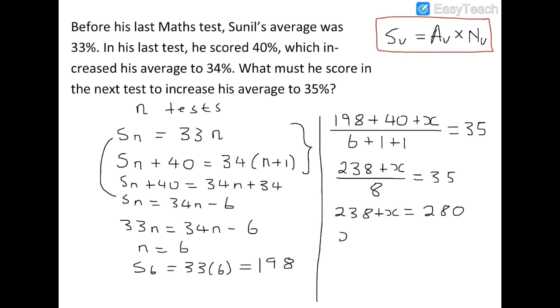And if we calculate x, we'll get 280 minus 238, and that will give us 42, meaning Sunil must score 42% in his last test in order for him to achieve an average of 35%.